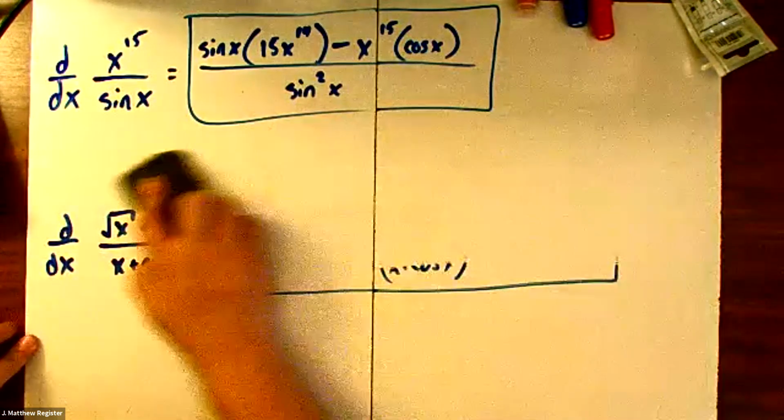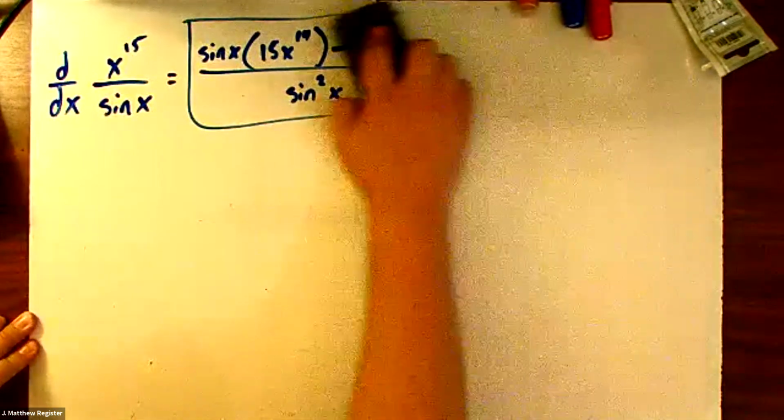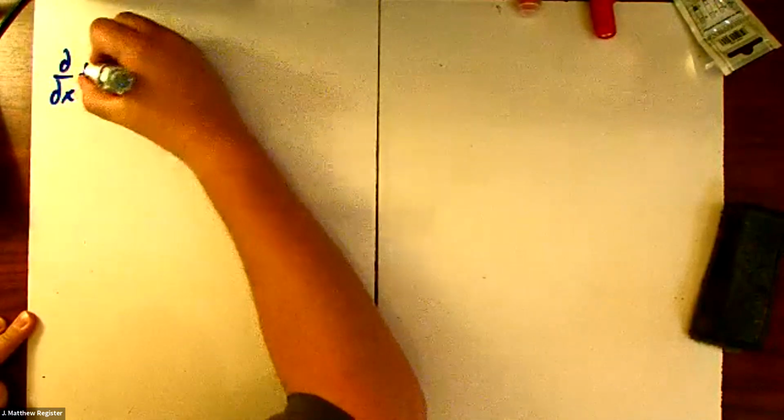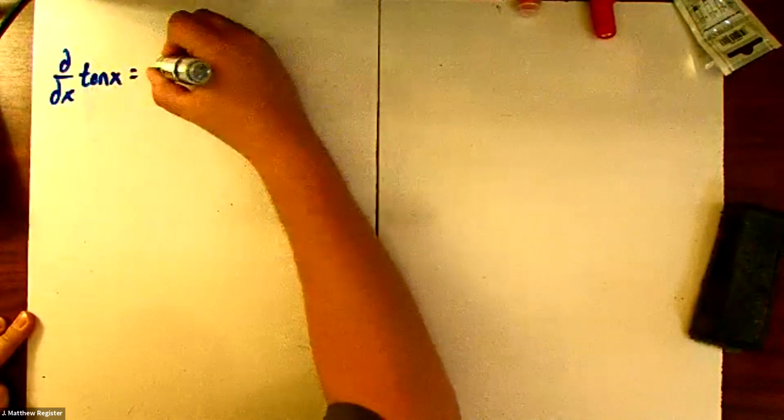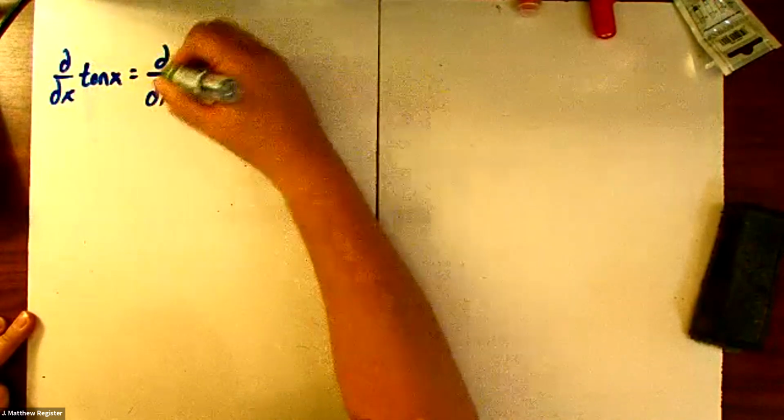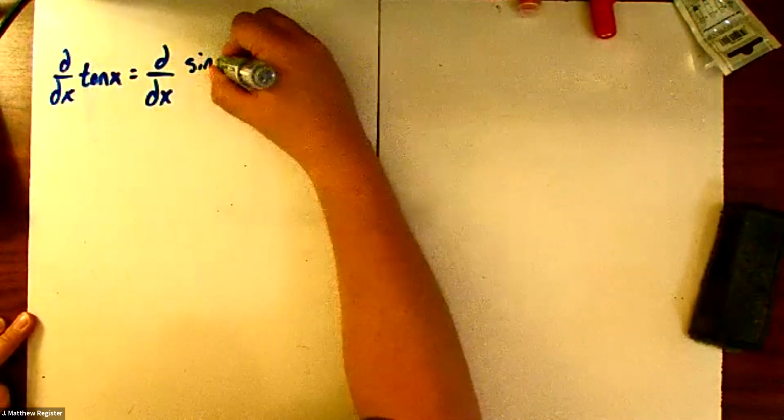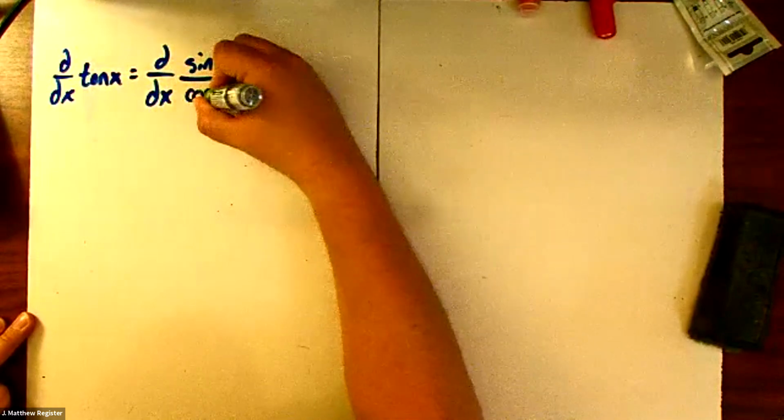So to determine what the derivative of tangent is, we will treat it as sine over cosine. And so d dx of tangent of x is equal to the derivative of sine of x over cosine of x.